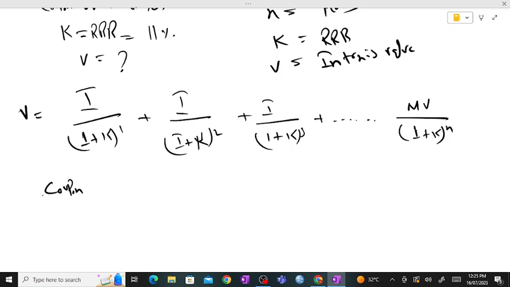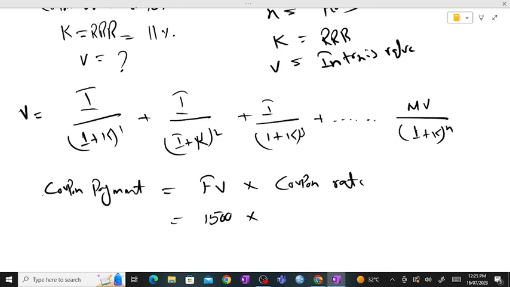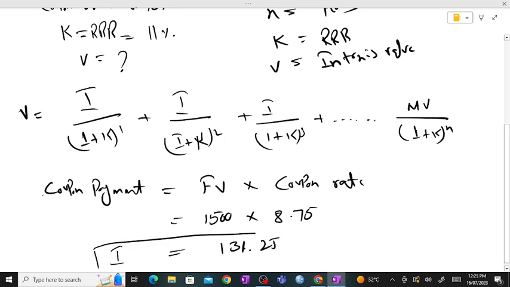If they have already given you a payment, then no need to find it. The coupon payment formula is face value multiplied by coupon rate. Face value we have 1500 multiplied by 8.75%, and you will get 131.25. So that becomes I.